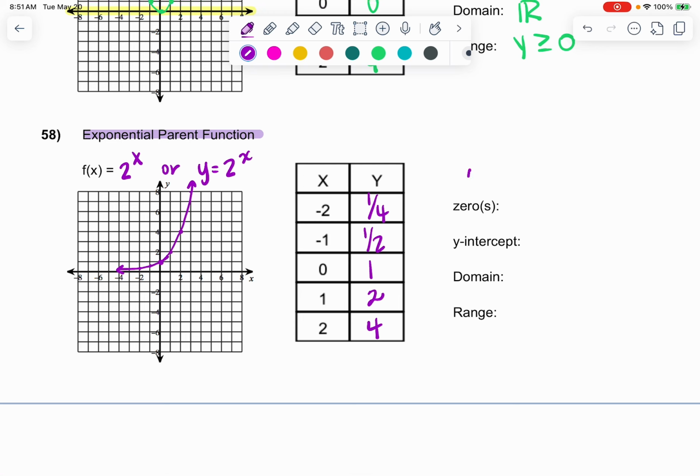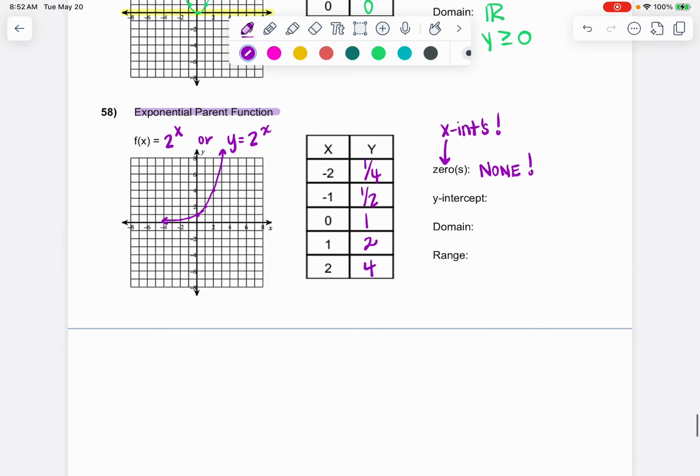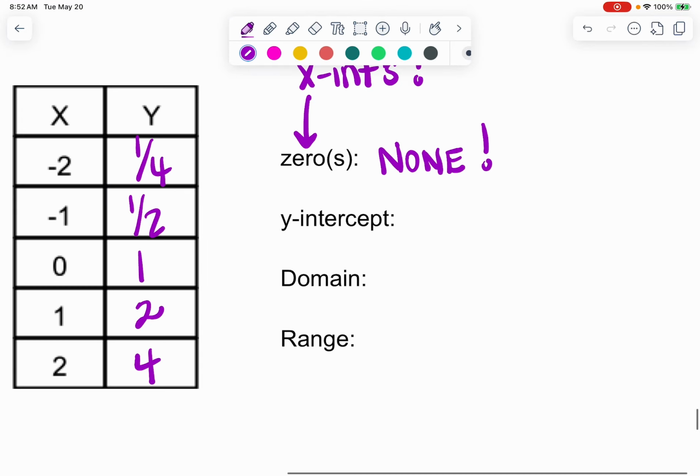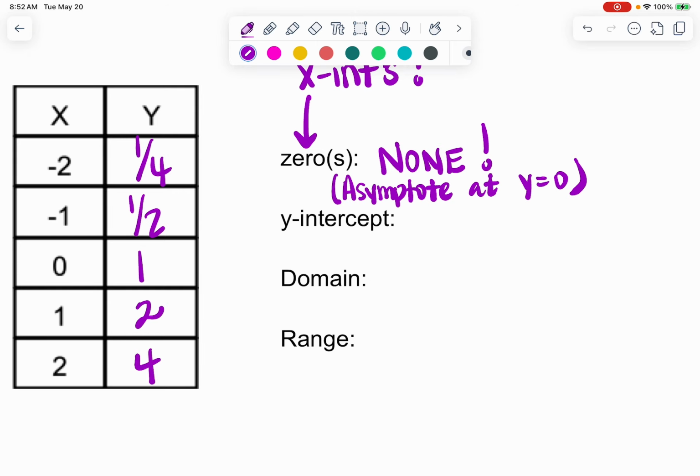And then the zeros, again, remember zeros is just a fancy name for x-intercepts, right? And this has none, right? It's never going to touch the x-axis because of that asymptote. It doesn't ask us for the asymptote, but in parentheses, I'm going to write asymptote at y equals 0, right?